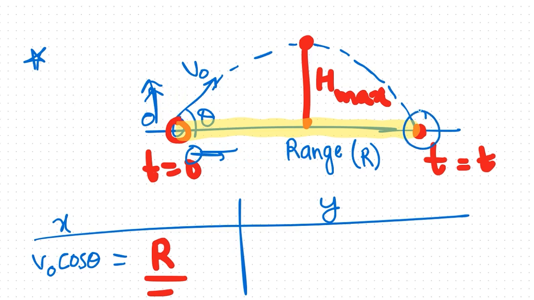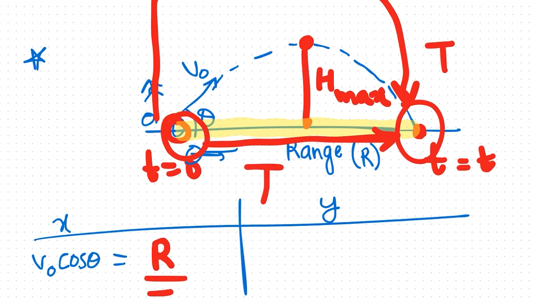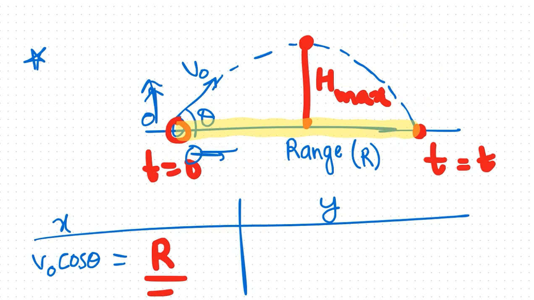Both reach the ground at the same time, the y component and x component. That is why t is called time of flight, the total time taken. This ball goes like this and reaches down in time t. This horizontal ball also takes time t. You understand this?